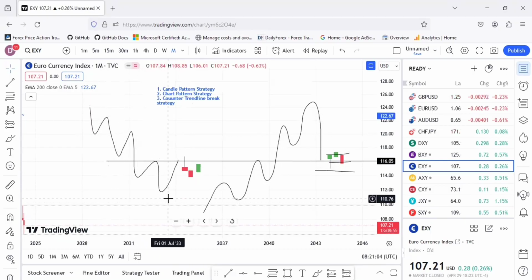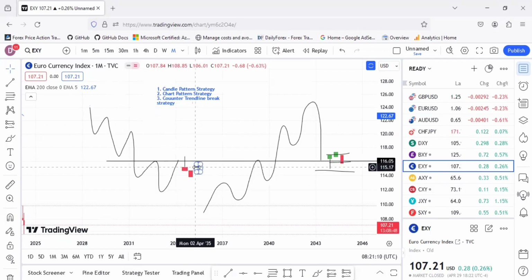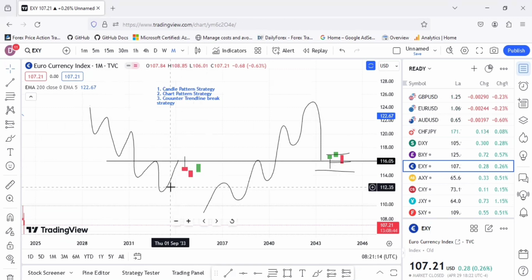So here, when you're in a downtrend and you have your point of interest here, okay? For you to sell from here, you will wait for the market to then tell you that, okay, I am ready to begin my down move.